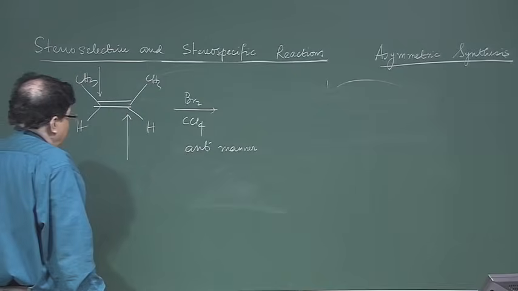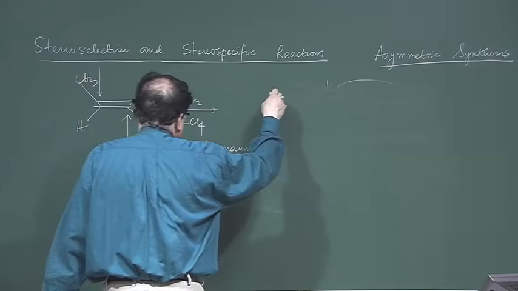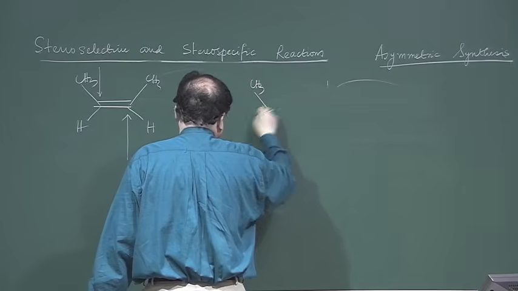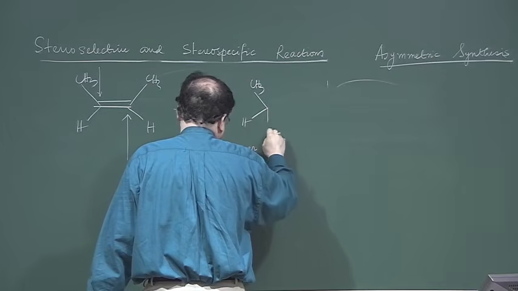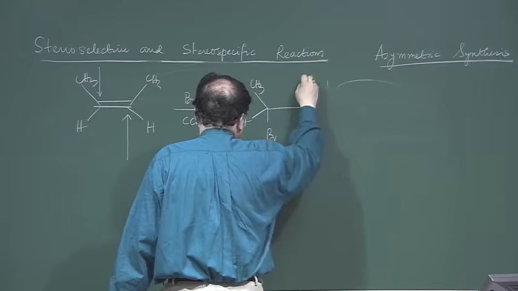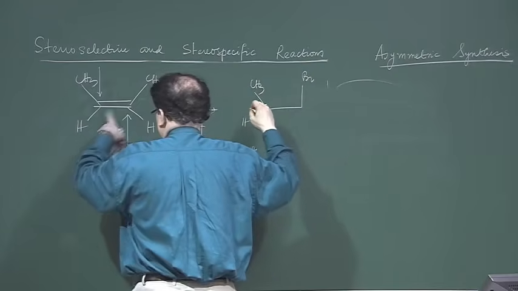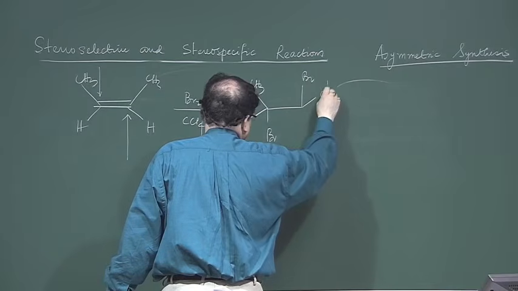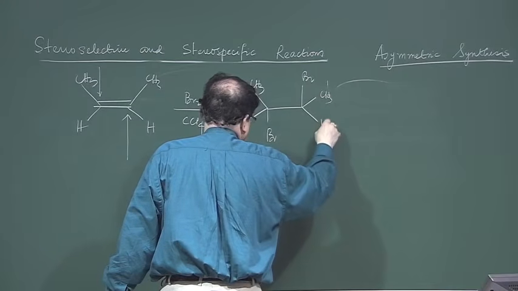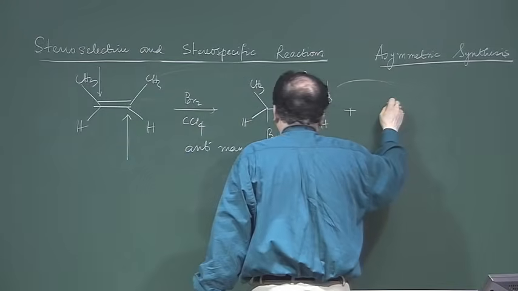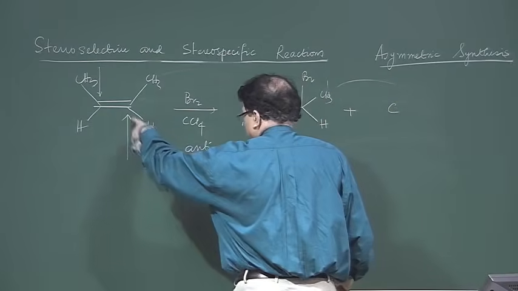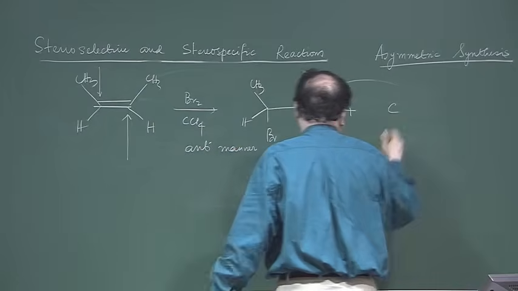Now, if that be the case, the product that you will be getting is, so one is this, when the bromine approaches from this side and the other bromine approaches from the other side. So, you get this compound, plus you will get the other possibility, the Br coming from this side and the other Br coming from the other side.